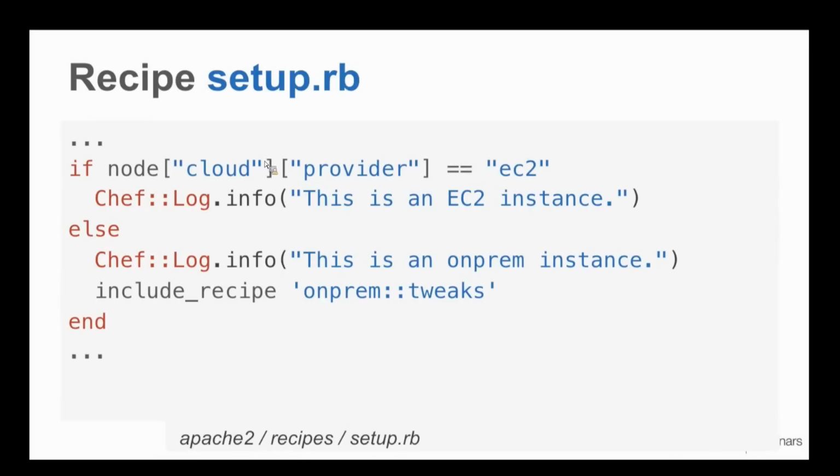And in a situation where it's not the case, so it is your on-premise infrastructure, you actually might want to run an additional recipe that configures a different configuration on the machines that are needed only on-premise, or the other way around. But basically that simple if node cloud provider equals EC2 is all you need to make that distinction in your recipe.